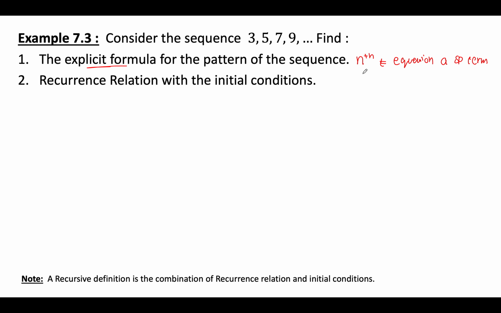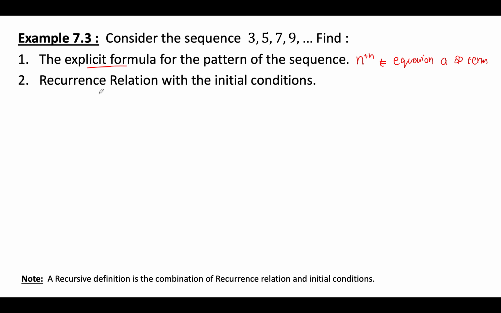So I can find any value in the sequence without knowing the relation between the terms, and we call this the explicit formula or the nth term. And then we can find the recurrence relation in the initial condition, where we can see the relation between the terms in the sequence.